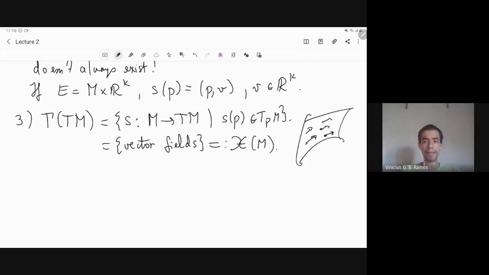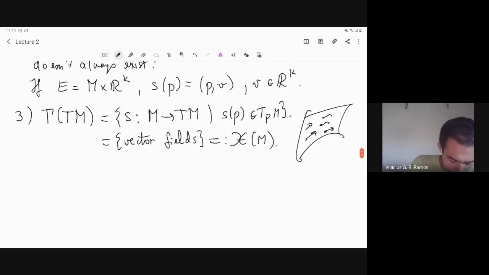Now you might know that there are some manifolds for which there are no non-vanishing vector fields. I don't know if you've seen this, but we'll talk about it later in this course.